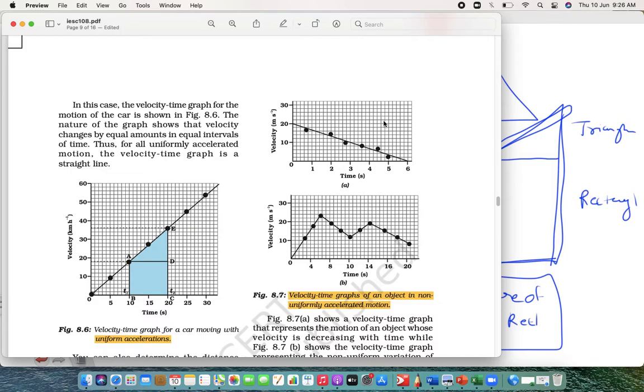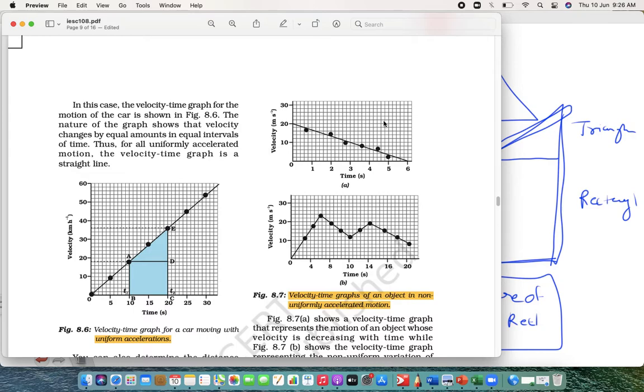So graphical representation really matters. You must see graphs at so many places. You must have seen the run rate graph in cricket. Like that, you can also find the graph for any object moving or traveling.